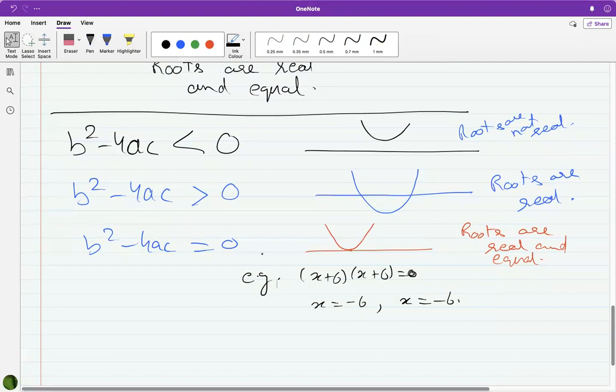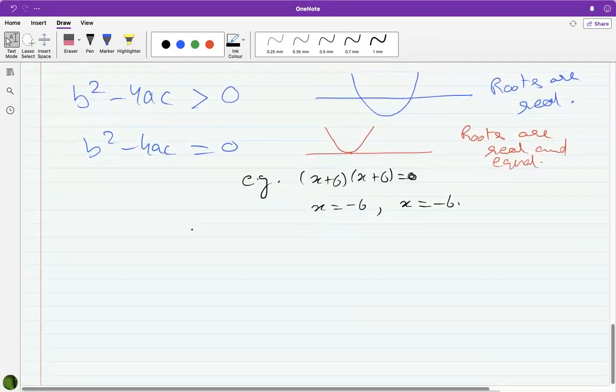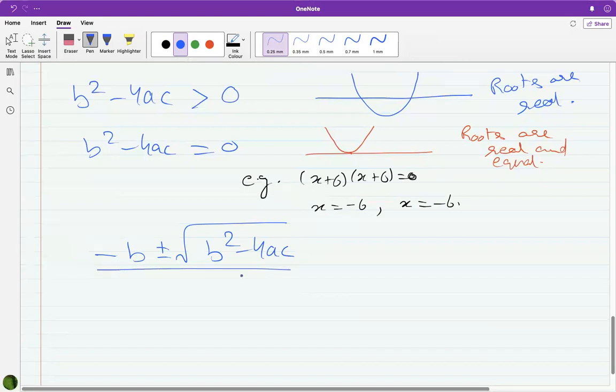Now, how will you remember this? Less than 0, greater than 0, or equal to 0? Definitely one method is you memorize it, but that's rote learning. So the other is you understand it. The main formula was minus b plus minus square root b square minus 4ac over 2a, and we are discussing b square minus 4ac.